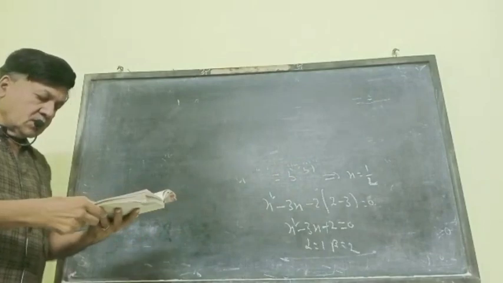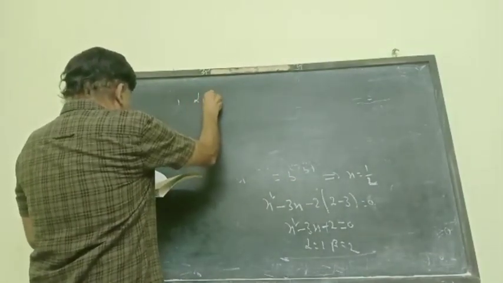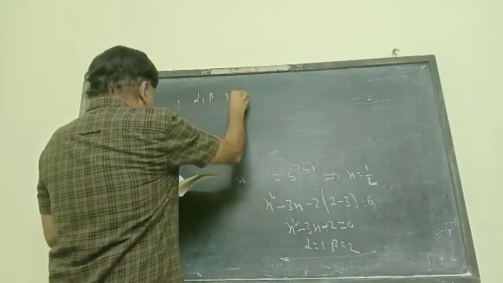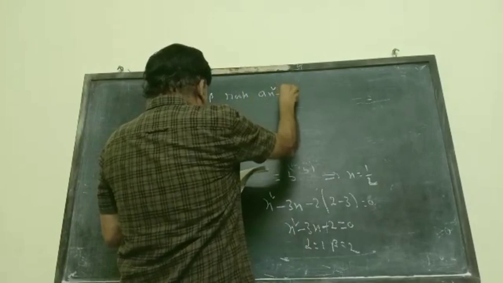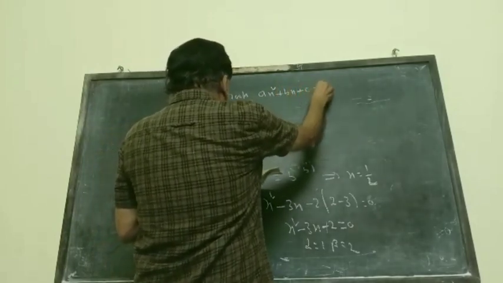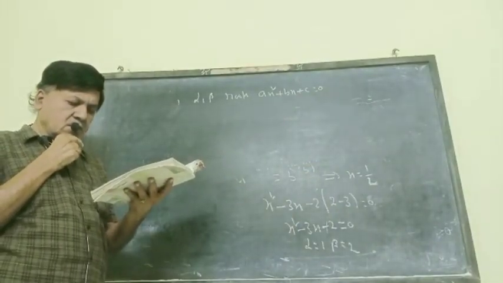The next question is: alpha, beta are roots of ax square plus bx plus c is equal to 0. Alpha and beta are roots of this equation.